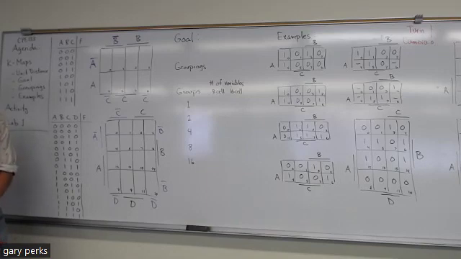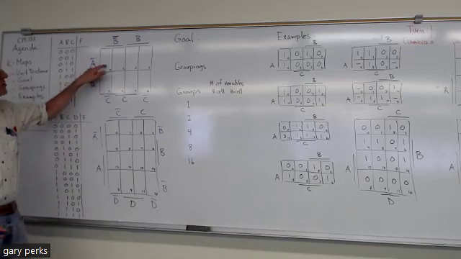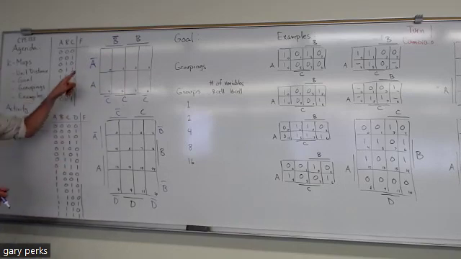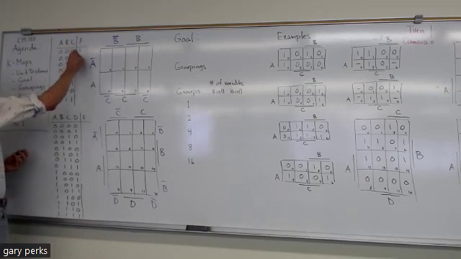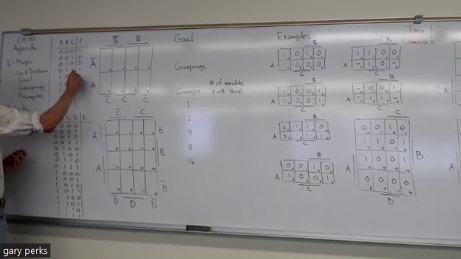Now, to fill out a K-map, what goes inside the cells are just the outputs for those input binary indexes. So let's say the output for this truth table was 1, 0, 0, 1, 0, 1, 1, 1.